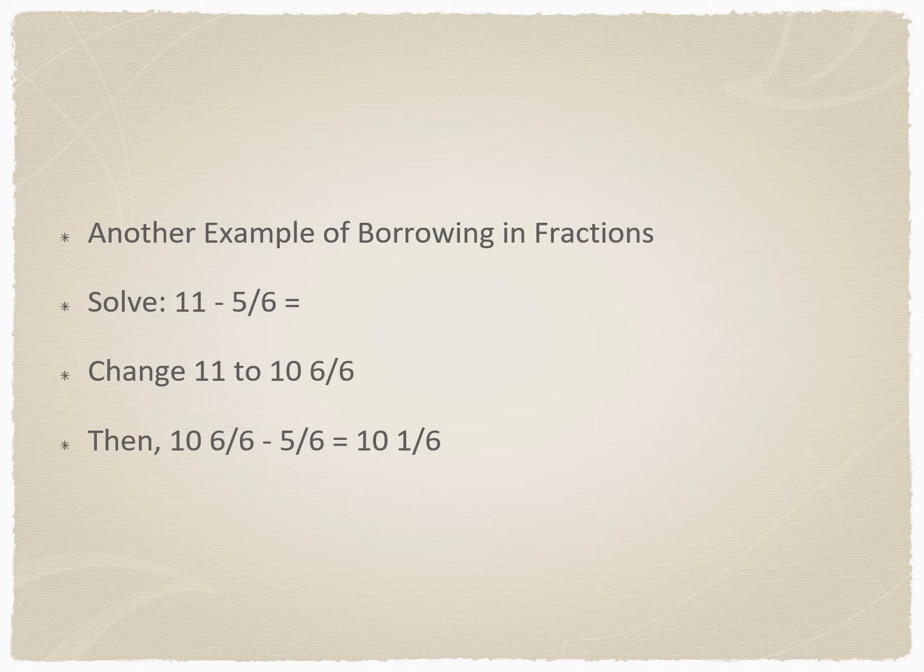If we borrow 1 away from 11, that turns into 10. And 6 over 6 is equal to 1, so 10 plus the 1 is 11 again. So now we have 10 and 6/6 minus 5/6. We don't have a whole number to subtract from 10, so we leave it at 10, but we can take our 6 minus our 5, which equals 1/6.